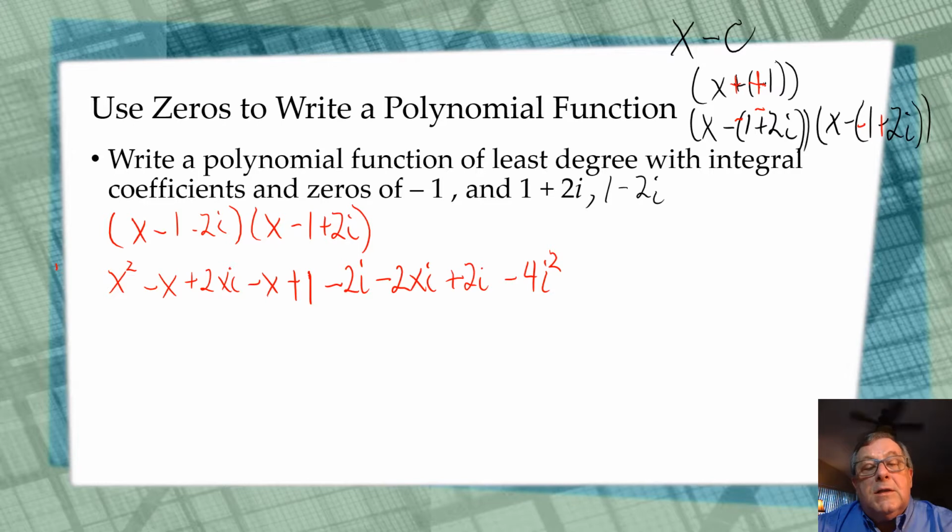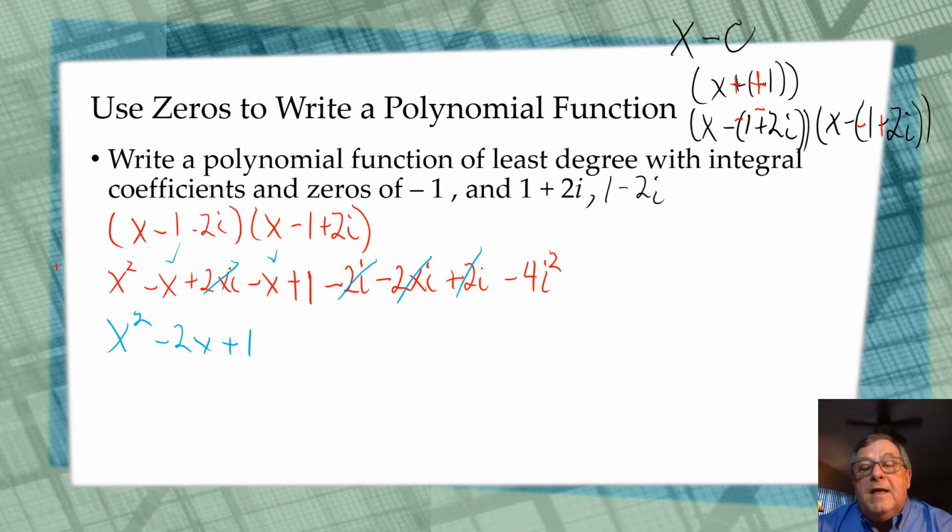All right, let's just start combining like terms. I only got 1x squared. I got a -x and a -x here and here. So that's going to be -2x. I got a positive 2xi, but then I've got a -2xi, so those cancel out. I've got plus 1. I got a -2i and a positive 2i. Those cancel out.